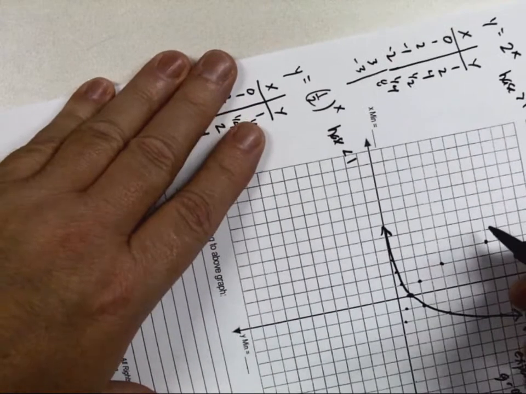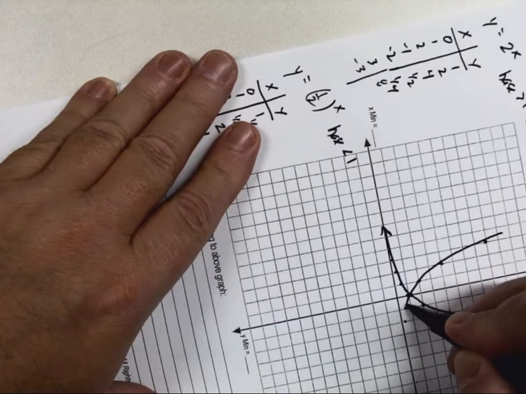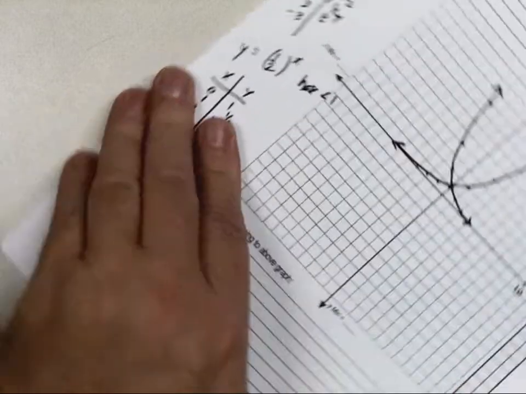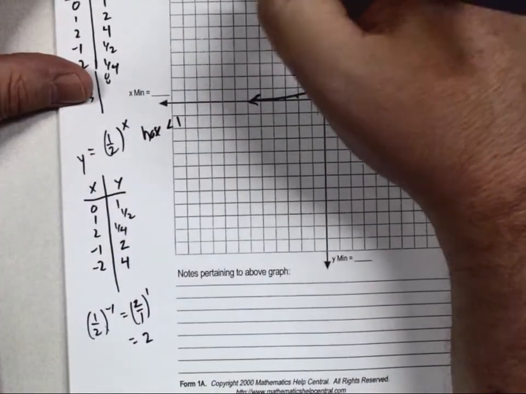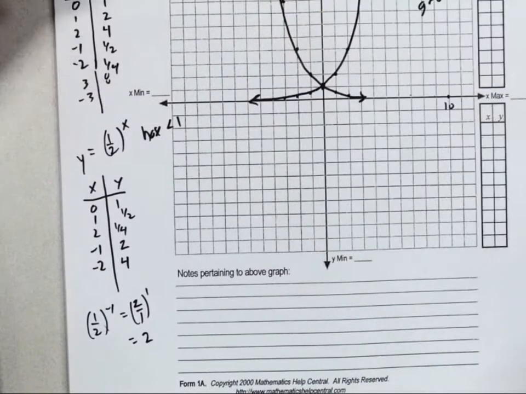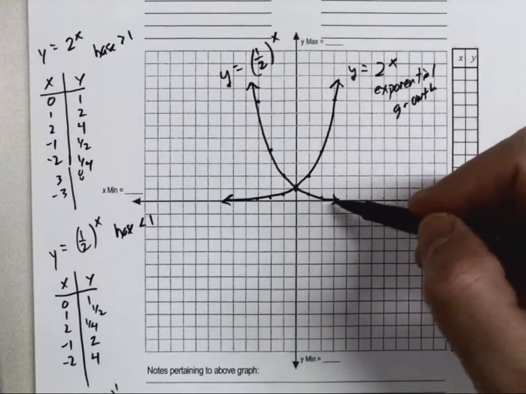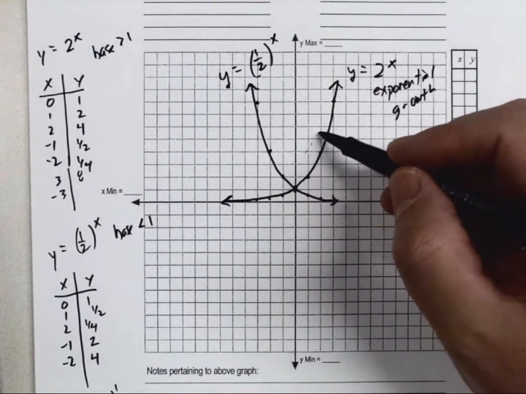You notice this graph is almost like the mirror image of this one. So this is the graph of y equals (1/2)^x. Now you notice, as x gets larger and positive, y to the 2^x, we say explodes.